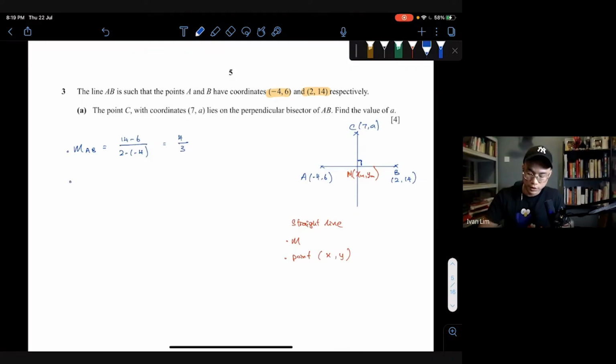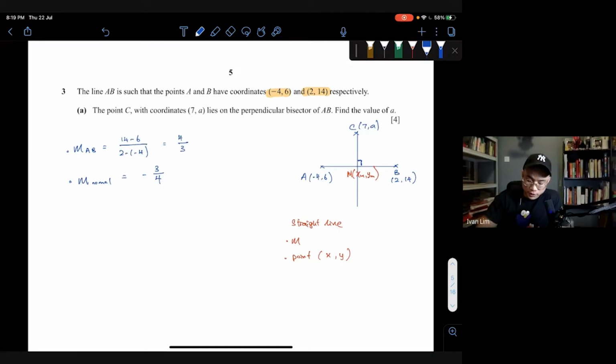Then, once we know the gradient of AB, we can find the gradient of the perpendicular bisector, which is m normal, which will be -3 over 4. Or you can use m1 times m2 equals -1, but you don't have to.